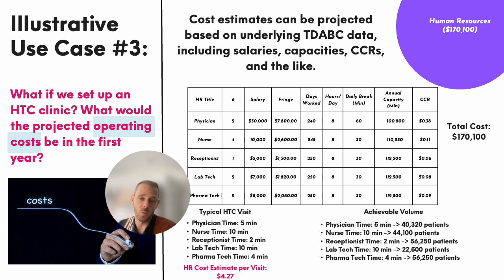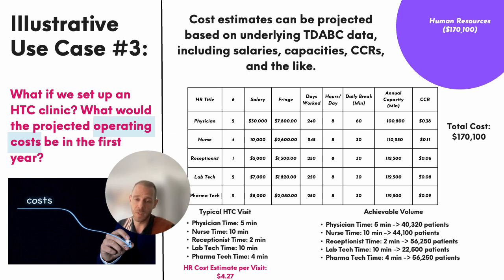The way we would come out with that estimate is to say we have two physicians. Each physician has 100,800 minutes available, so 2 times 100,800 minutes is 201,600 minutes. Divide that by the 5 minutes per patient, and you come out with roughly 40,000 patients that could be seen.